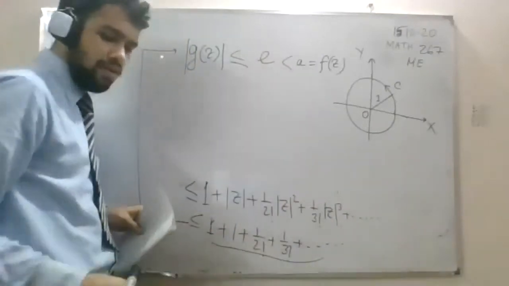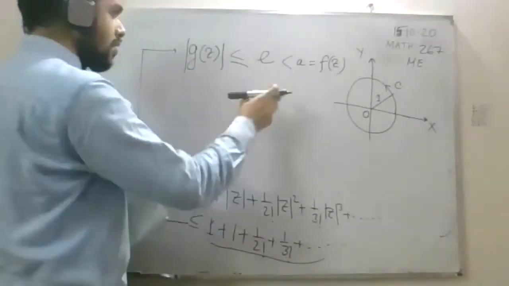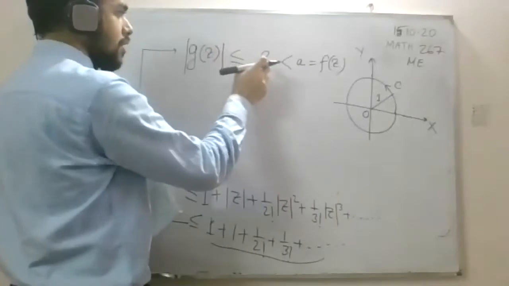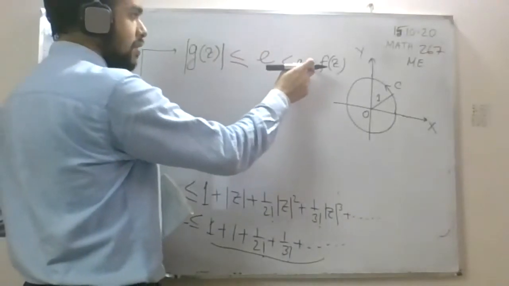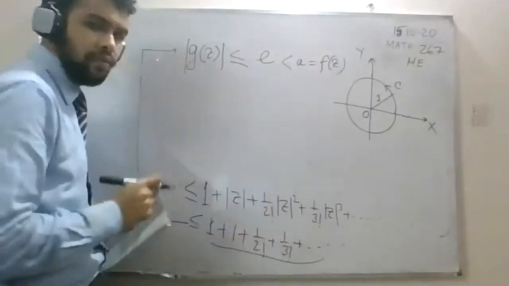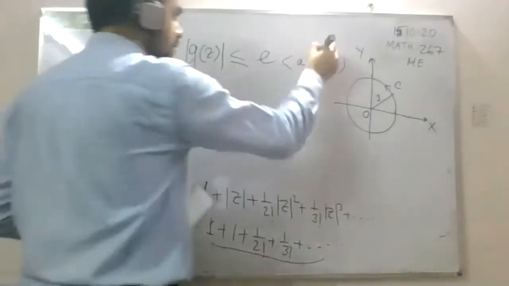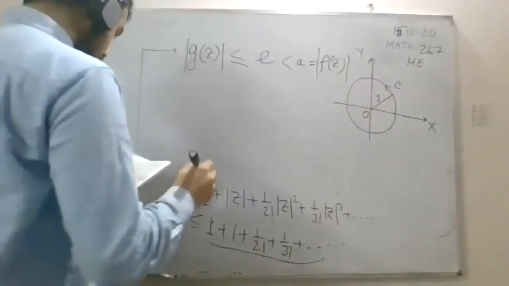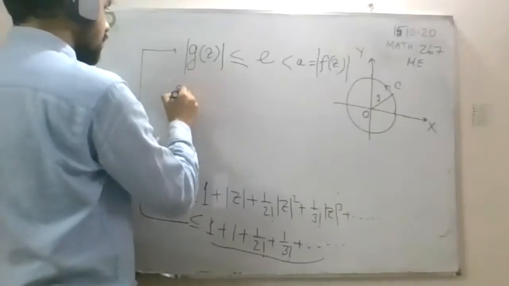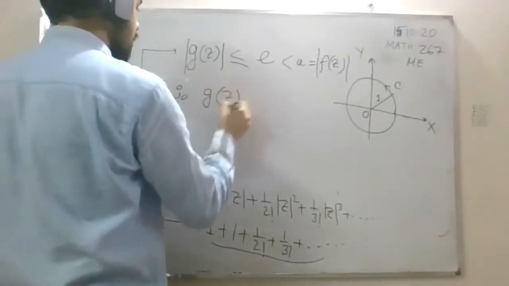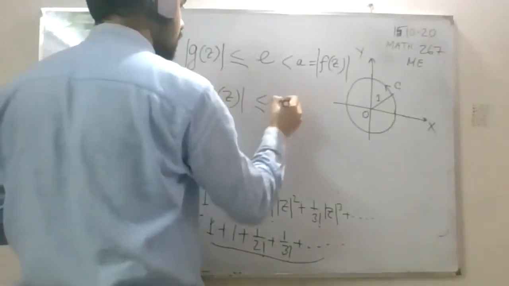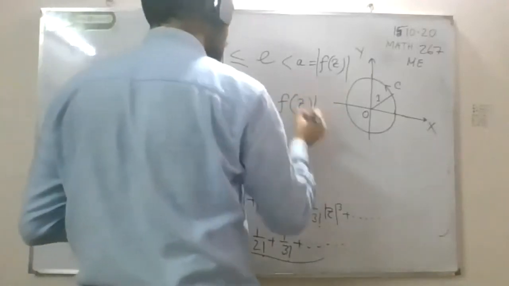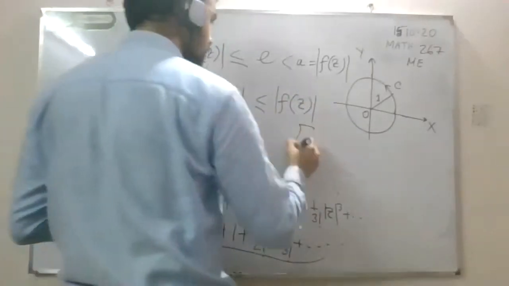So from here, you already know that e is less than a, which means equals to l z from equation 1, which proves it.